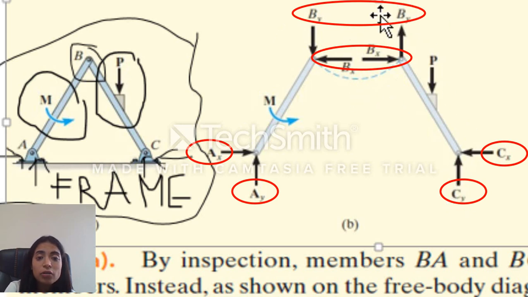So I will not count Bx and By again because in fact, guys, they are the same as here, except they are opposite. So basically, guys, I have 6 unknowns and 6 equations if I solve for these two members separated. And this means, guys, that if I separate these members in such frame, I can find all my unknowns.